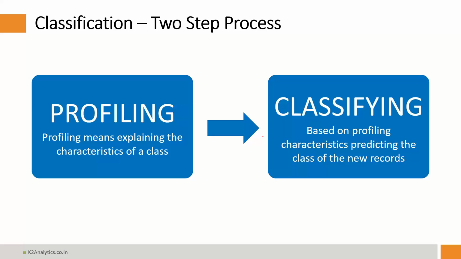So when I am applying the profiling characteristics on the newer data set, remember, you do not have the output. You are actually predicting. The word prediction is more important. You are applying the learning of the classification tree model on the newer records and predicting their class.